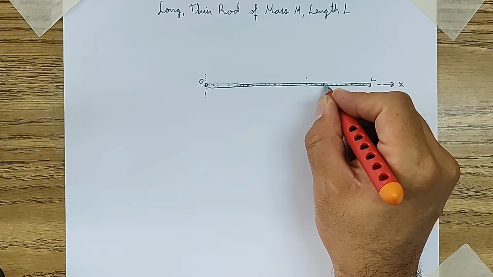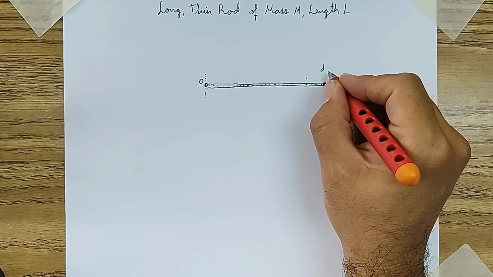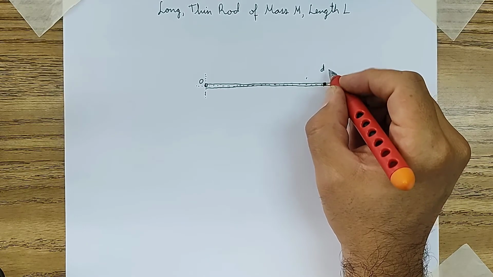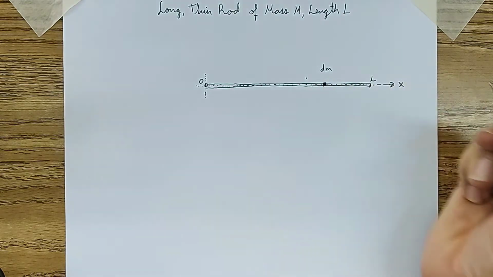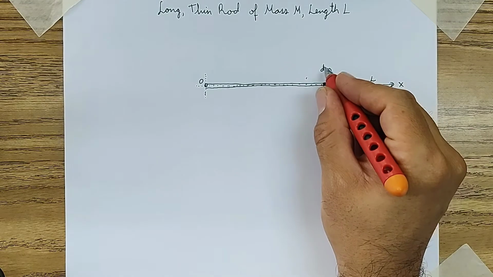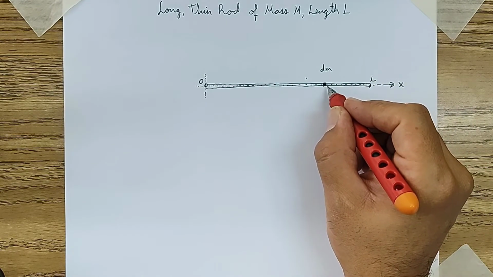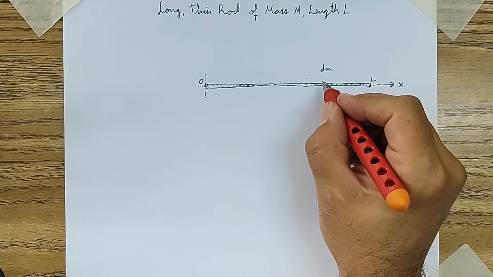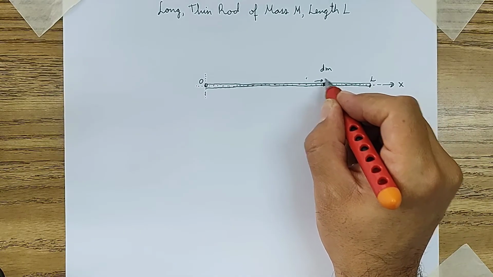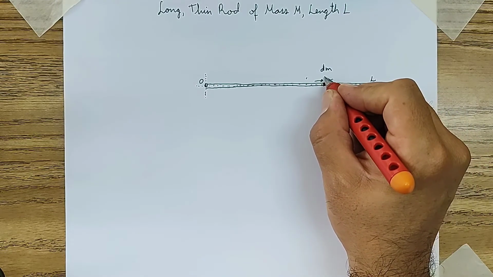Any little piece of mass that we consider, we will use it if it is so small as to be considered a particle. And we are going to call that the mass differential. It includes a very small, infinitesimally small amount of mass, and even though it is so small, it has some length.